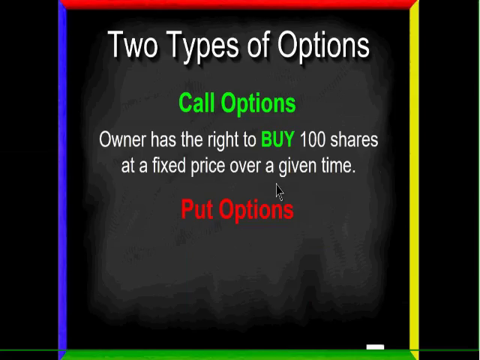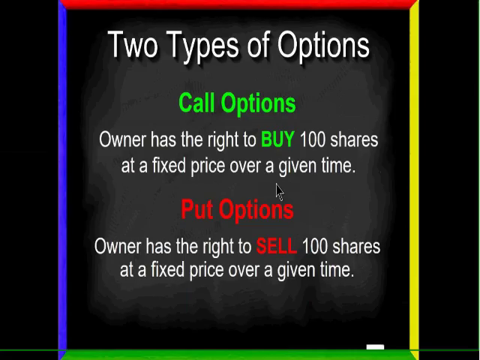Now a call option has the owner, that's the person who buys it, has the right to buy 100 shares of stock at a fixed price over a given time. If you purchase a put option, you are the owner. You have the right to sell, or to be the short side, to sell 100 shares of stock at a fixed price over a given time. Notice that both definitions are identical except for that one word, buy or sell.